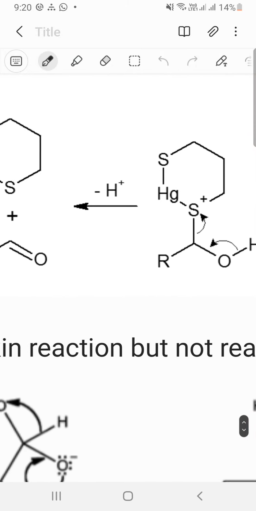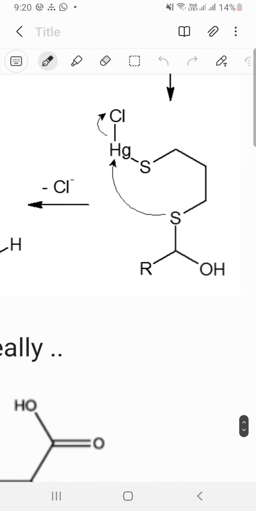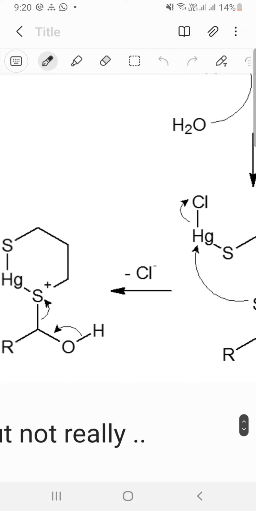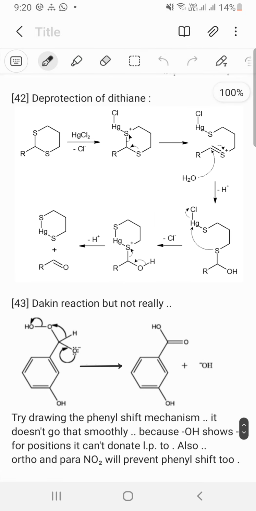Wait, not hydrolysis, what is this? Chlorine. Wait, just what? Okay, so it formed this ring. Oh, okay, fine. So it forms a good leaving group by itself. So is the sulfur-carbon bond harder to break? Is it stronger than carbon-oxygen? That could be. Maybe, just maybe, the carbon-sulfur bond is stronger or something like that. Could be, right? But then you have a lot of H2O, so it should be happening by itself, and I don't know.